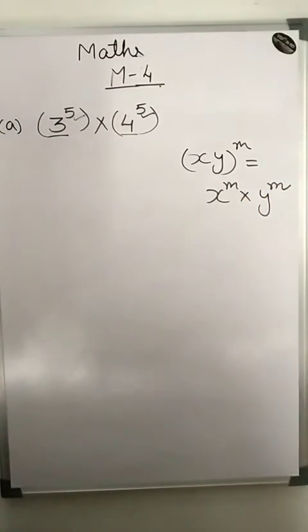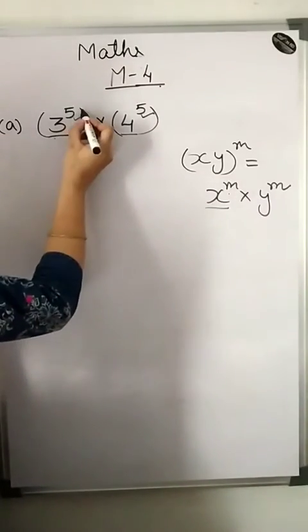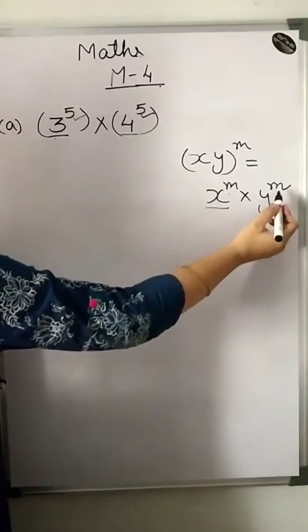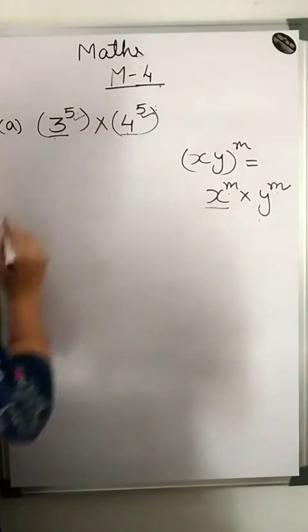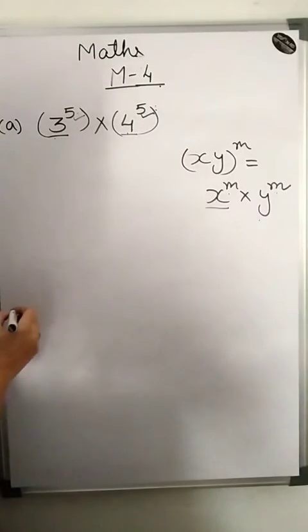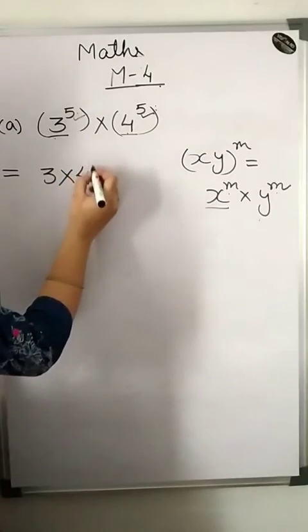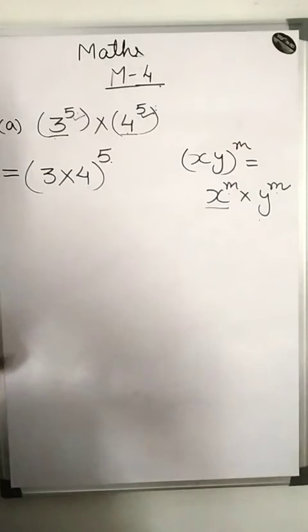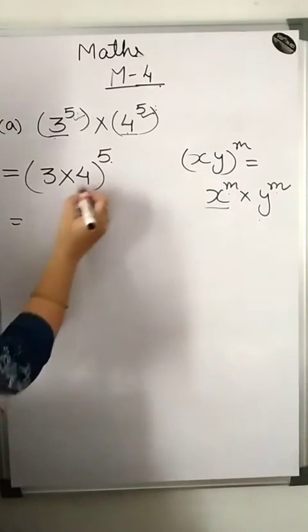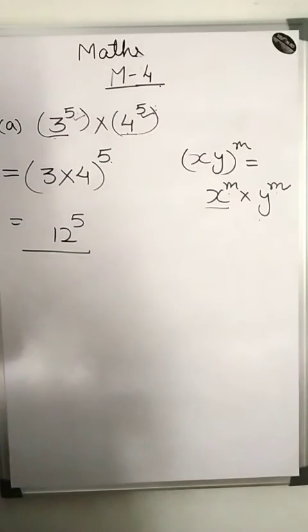We apply this formula here. Here we have x to the power m, 3 to the power 5, and y to the power m, 4 to the power 5. It means this time powers are same but bases are different. Then how do we write this one? We write 3 multiply 4 to the power 5, because powers are same, so we can write the power together. And 3 4s are 12, 12 to the power 5. So this is the answer.